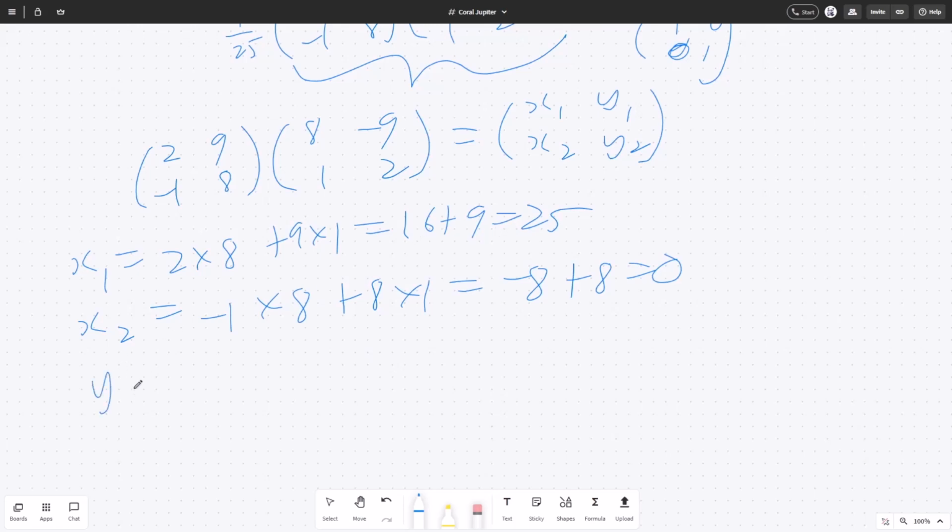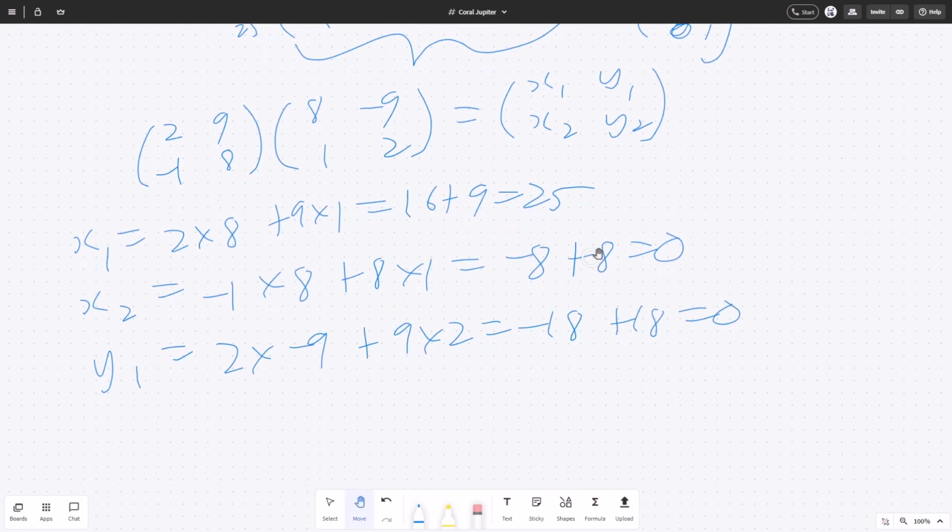And then y1 will be first row times second column, so that'll be 2 times negative 9 plus 9 times 2, which will be negative 18 plus 18, which will be 0.